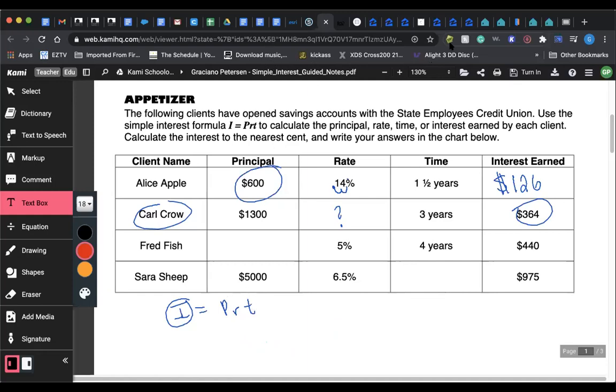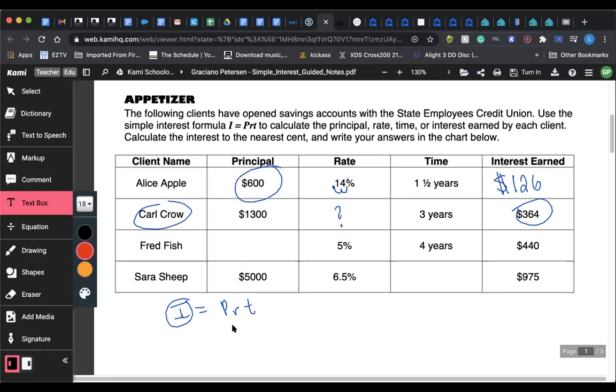Right now, what's happening is that this equation says that I is equal to P times R times T, right? So if something is being multiplied to something else, I need to do the opposite of multiplication to remove it. So what's the opposite of multiplication? On multiplication, you divide it.